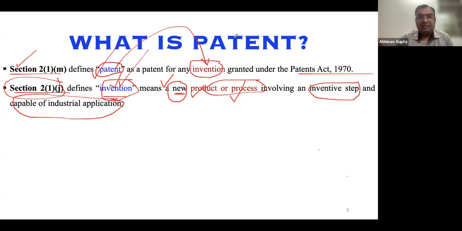Patent is nothing but an invention which is protected under the Patents Act. So a protected invention is a patent. Now, what is invention? Invention is nothing but a product or a process. What kind of product or process? Such product or process which is new, which has an inventive step, and which is capable of industrial application is what is invention.